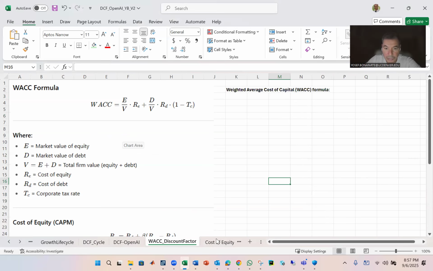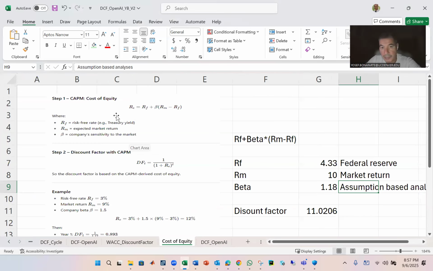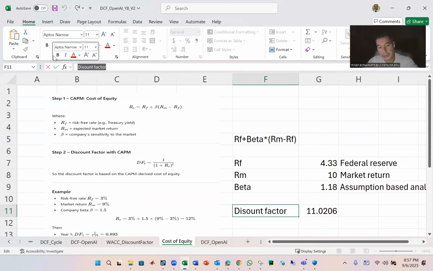RE is the cost of equity, for which we use the CAPM model: RF, the risk-free rate like the Federal Reserve interest rate, plus beta, the company beta, multiplied by (RM minus RF). RM is the market return, 10%. OpenAI doesn't have a beta, so we use Apple's beta. That's the discount factor, the cost of equity.